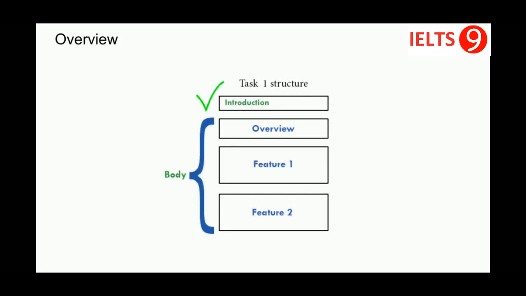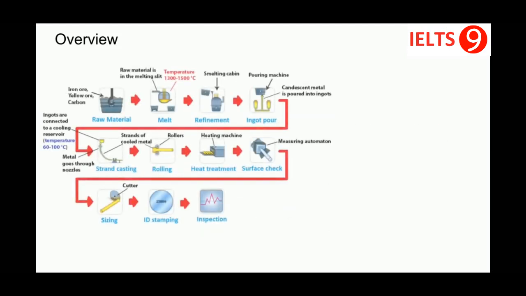And our next paragraph is a general overview. This is a very important paragraph. To achieve a band 6 or more for a Task 1, you must provide the overview. In the overview paragraph, you describe general features of your diagram. But unlike line graphs, pie charts, and bar charts, process diagrams have no general trends or key changes to identify.